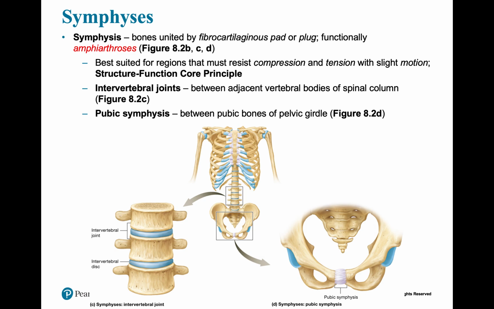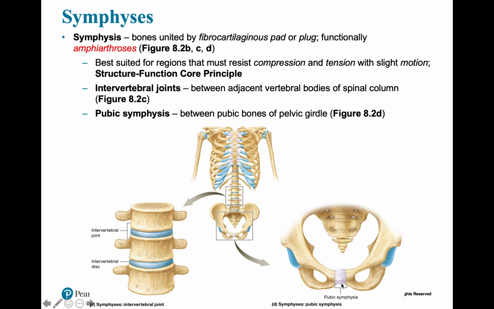So we want stability, but we also want flexibility of the spine itself, okay? So these symphysis joints are amphiarthrotic joints, meaning they allow slight movement, all right? So intervertebral discs, that's the first location where you find a symphysis joint made up of fibrocartilage, resists compression. It also is a very good shock absorber.